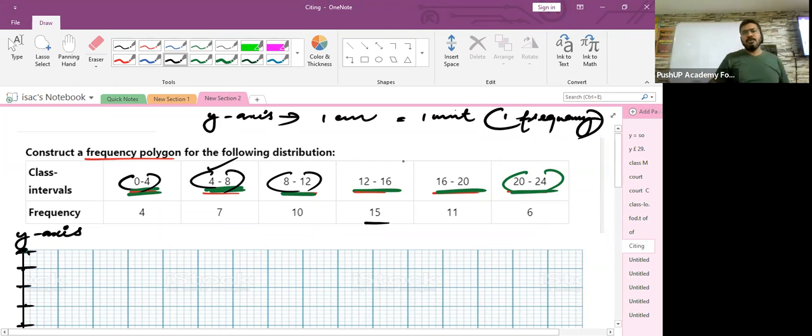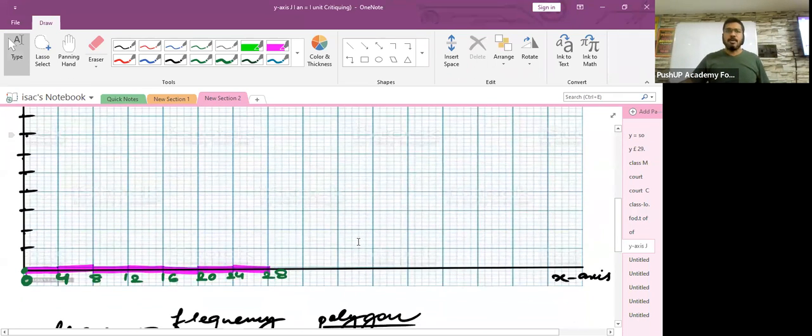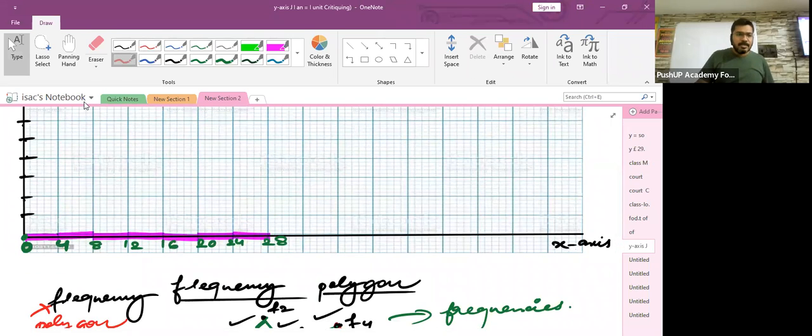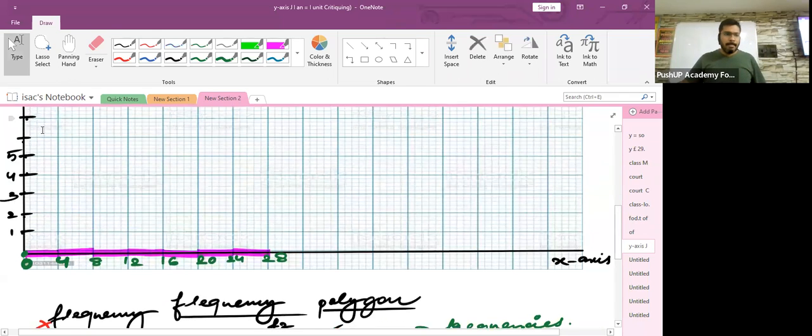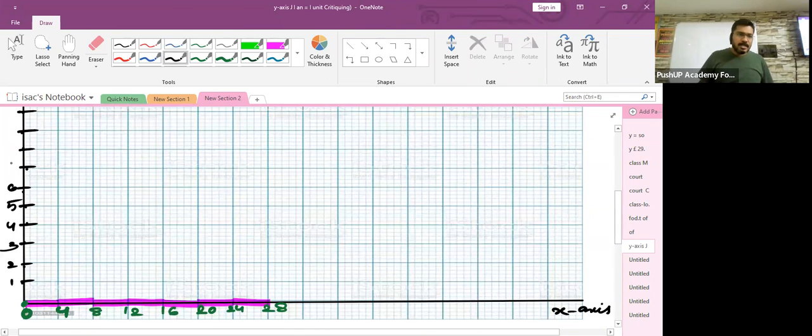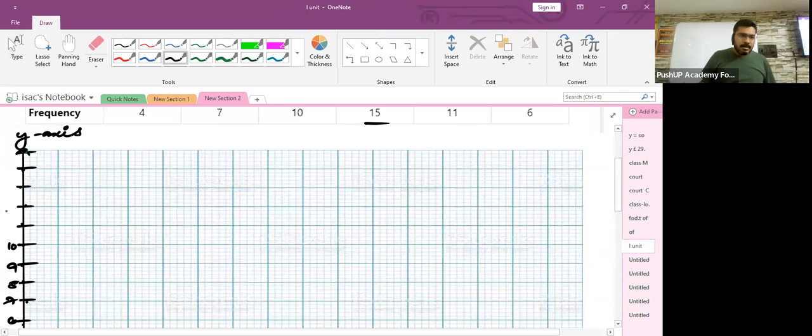Now we are ready to go with the frequency polygon. Now children, before that, let me just write it down. 1, 2, 3, 4, 5, 6, 7, 8, 9, 10, 11, 12, 13, 14, and 15, the last one.